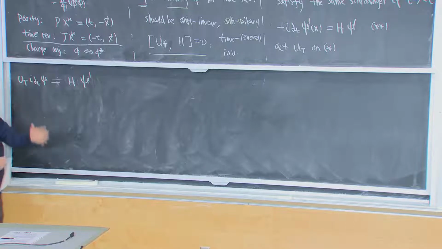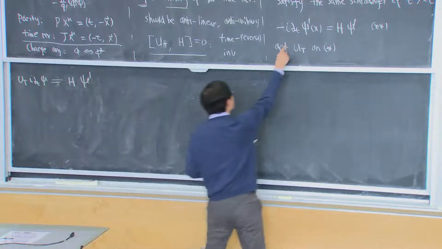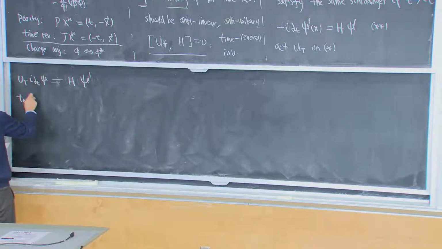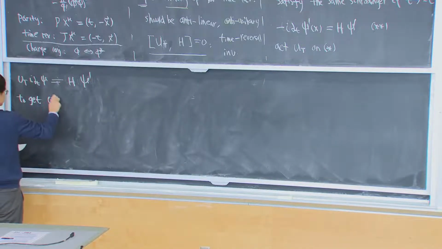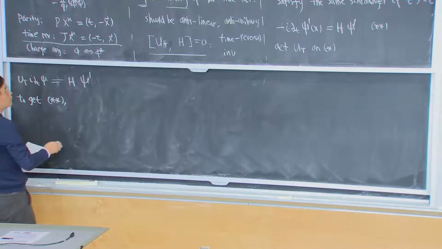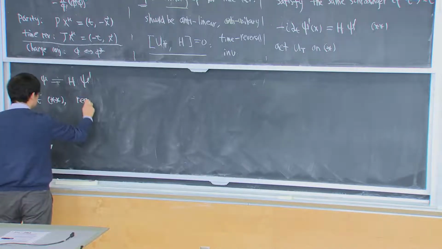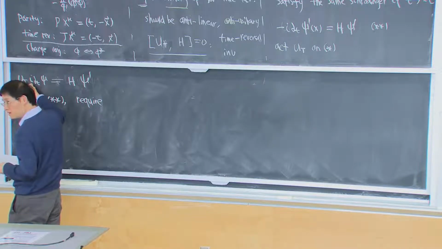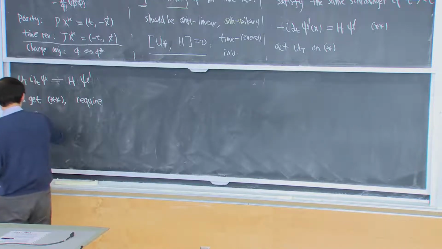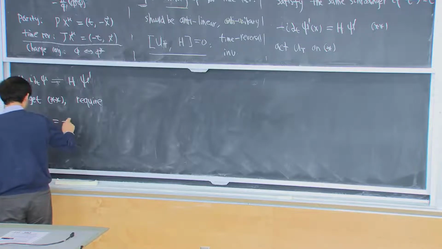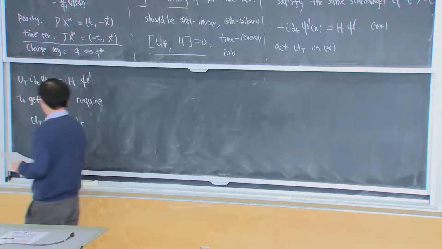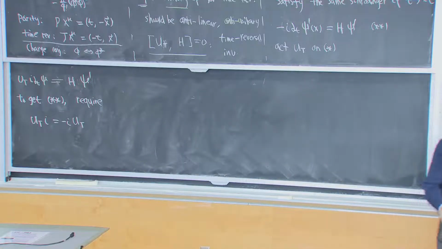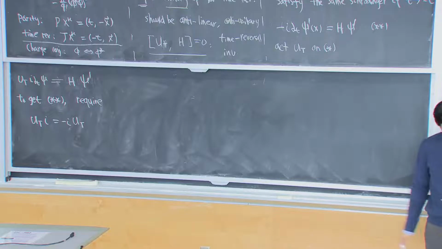The only way to get that equation is to require that when U_T passes through i, it takes i to minus i. We impose this condition: when U_T passes through i, you get minus i.